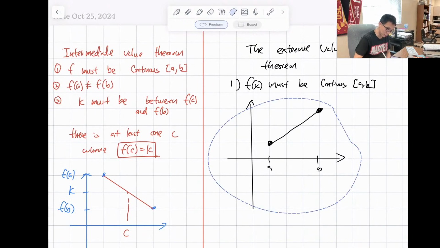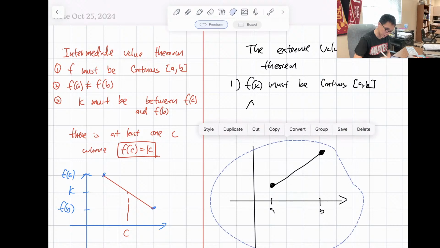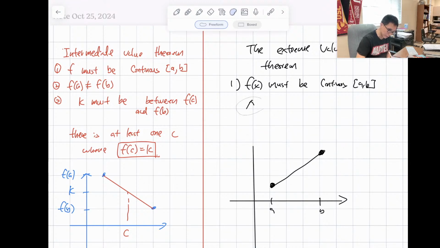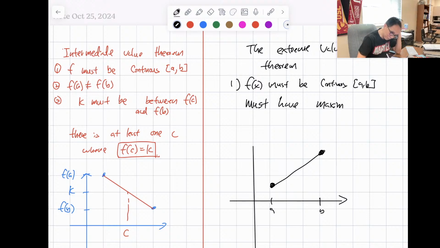So it must have a maximum and the minimum.